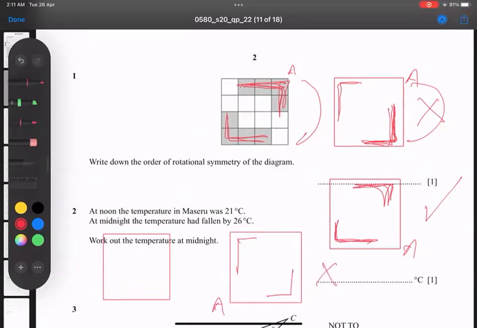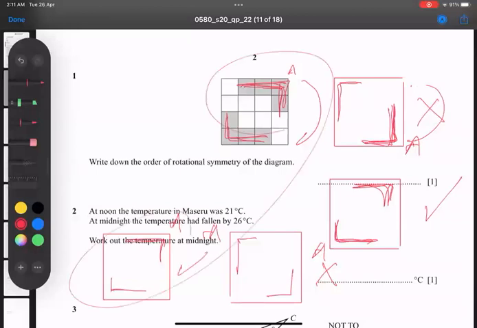And when A goes back to the first position, now you can see this is an L shape here, and this is an L shape here, which exactly matches the actual diagram.